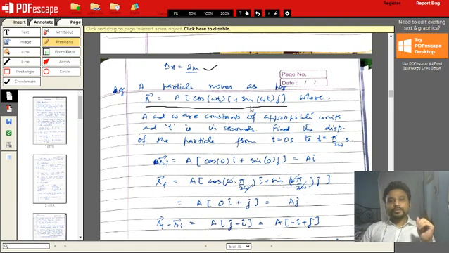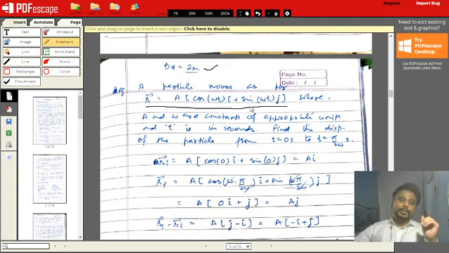The initial position can be found by putting t equal to 0 in this equation. So t equal to 0 in cos omega t and t equal to 0 in sin omega t. So this becomes cos 0 i cap plus sin 0 j cap.